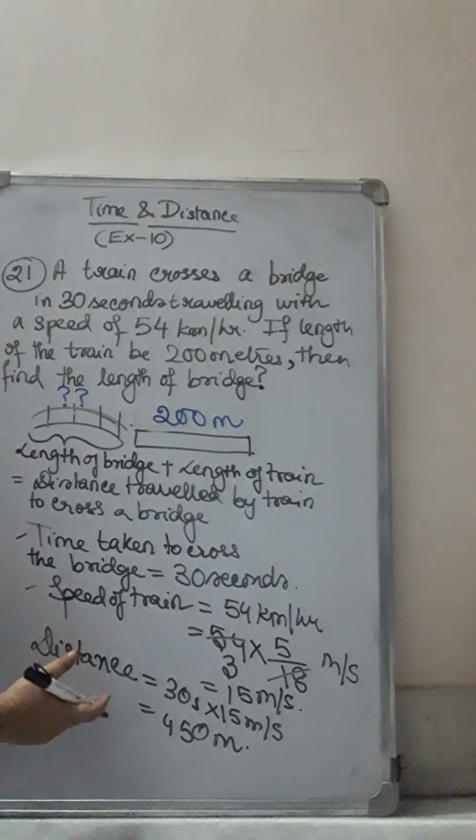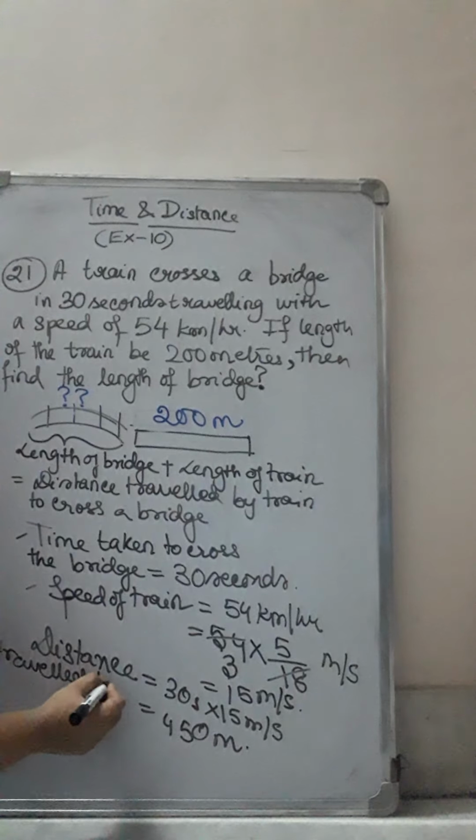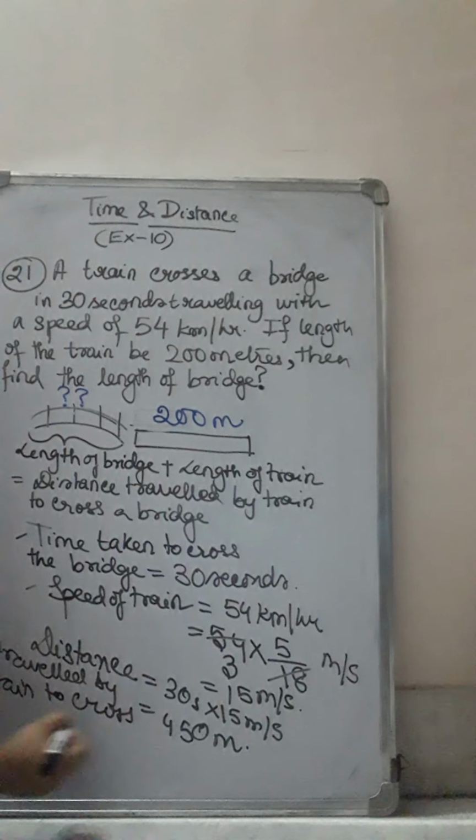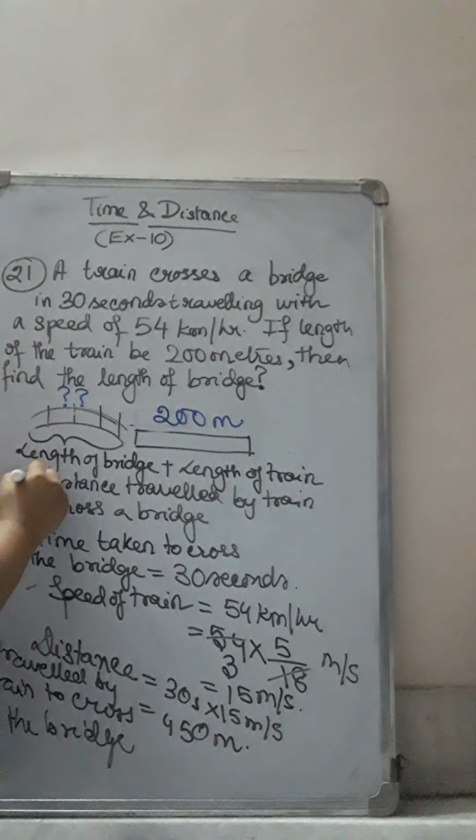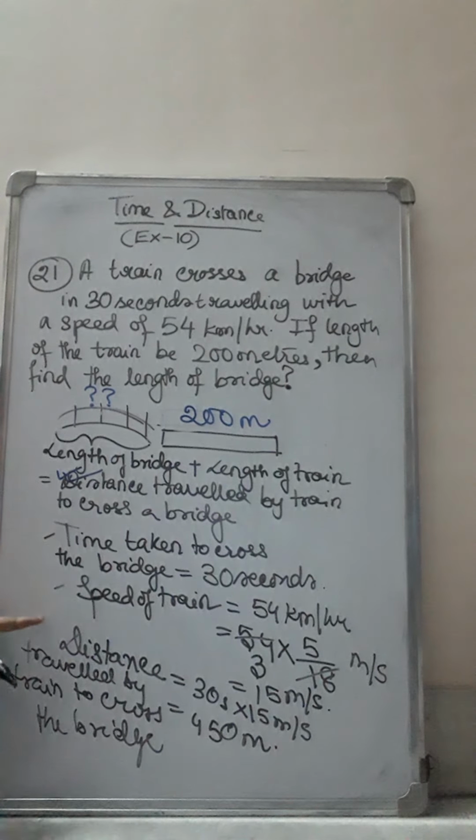So what is this distance? The entire information is given about the time taken to cross the bridge and the speed of the train while crossing. So this distance is nothing but the distance travelled by the train to cross the bridge.